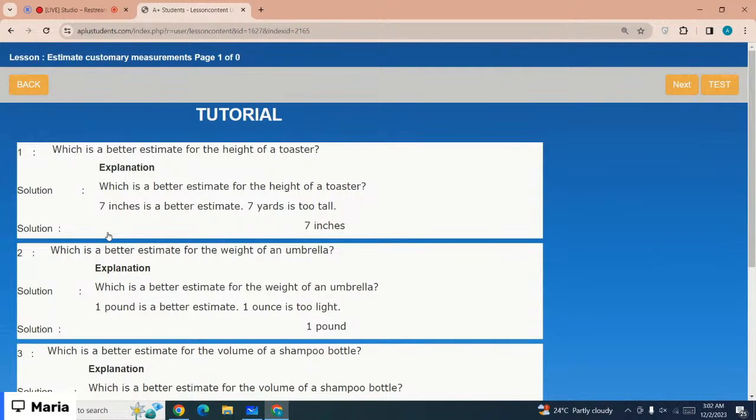Basically, that is a unit of measurement that we use to measure length, weight, capacity, and temperature, right?